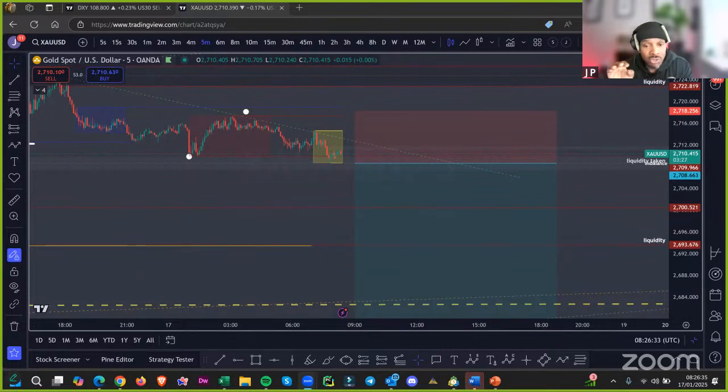Therefore, if you take this trade and you're in this trade, I want you taking no more than 1 trade at a time. Ooh, that's what I want you doing. No more than 1 trade at a time.